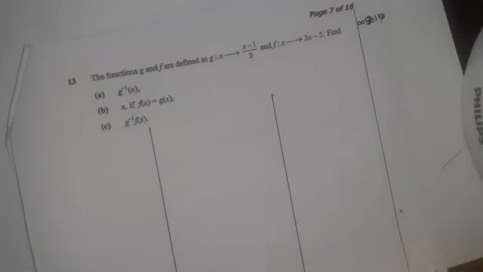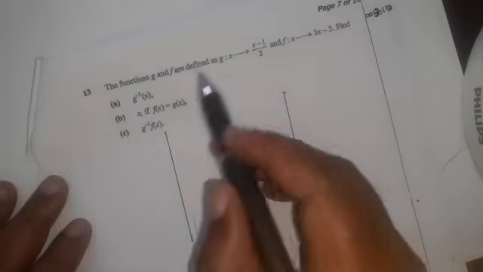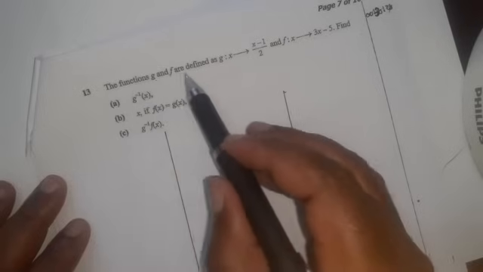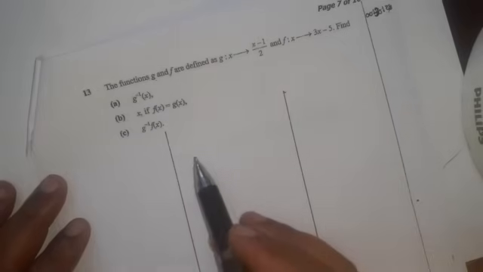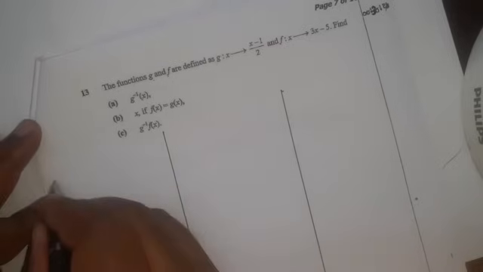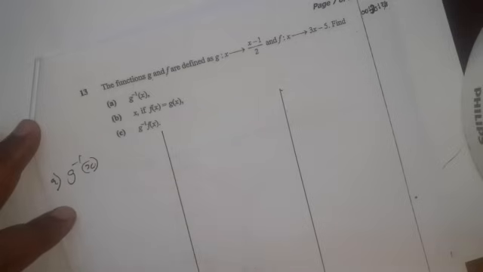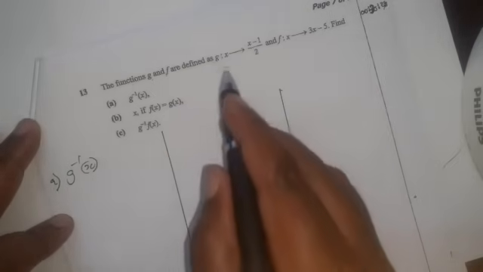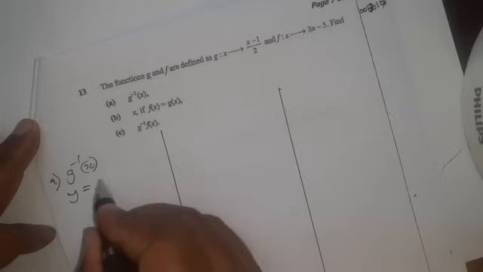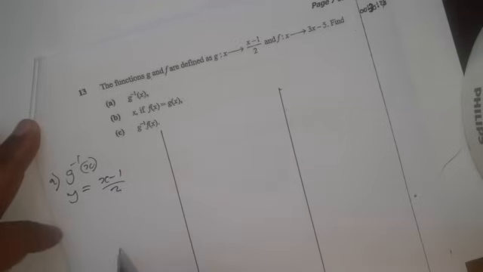So we deal with question 13. We have functions g and f defined by this and that, alright? In A, let's find the inverse of g acting on x. Alright? So the first thing here, where there is this, we put y. So say y is x minus 1 divided by 2. Alright?